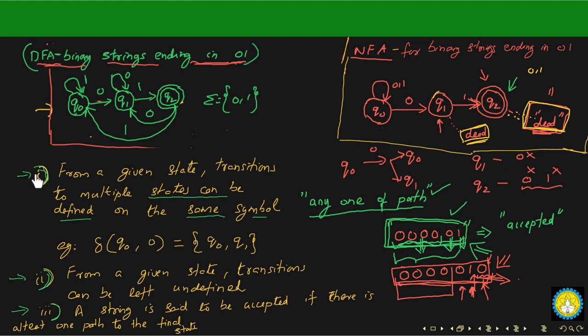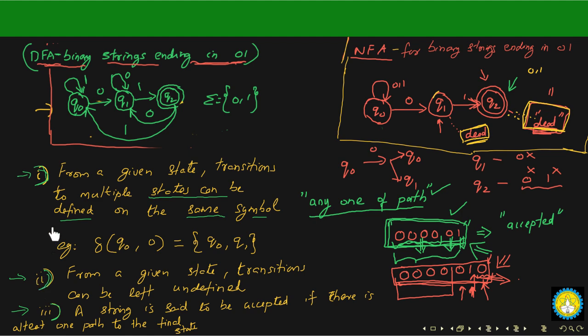These two things are not at all possible for a DFA. In a DFA we must have all the transitions defined for all the alphabet symbols, and we also should not define transitions to multiple states on the same symbol. But these things are possible for an NFA.